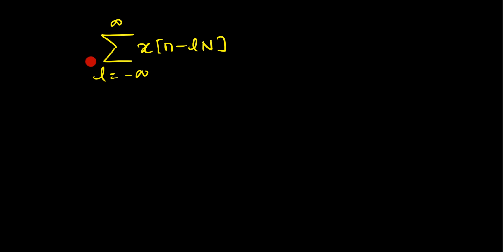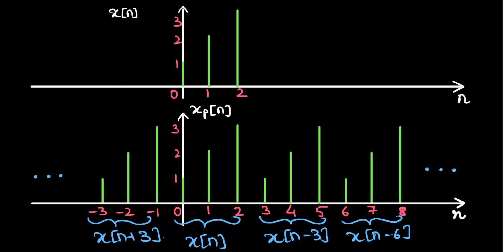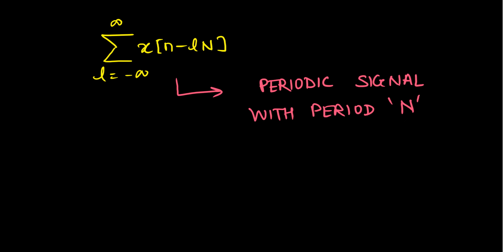So what we can say is this summation, that is summation L running from minus infinity to infinity x of n minus ln, is a periodic signal, and it is periodic with period n. So the period of this periodic signal is n, as we can see that it repeats after every integer multiple of n equal to 3.